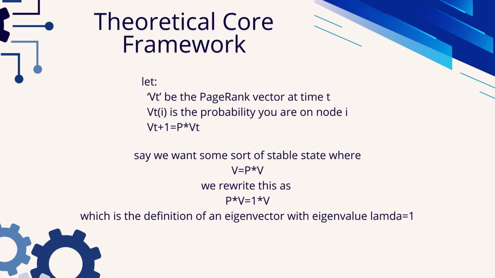Now, say we want to find some sort of stable state, maybe where this vector converges, where V is equal to P times V. We rewrite this as P times V is equal to 1 times V, which is exactly the definition of an eigenvector with eigenvalue lambda equals 1. And this is where PageRank is actually kind of the same as linear algebra, because we can find the answer to this vector with linear algebra.